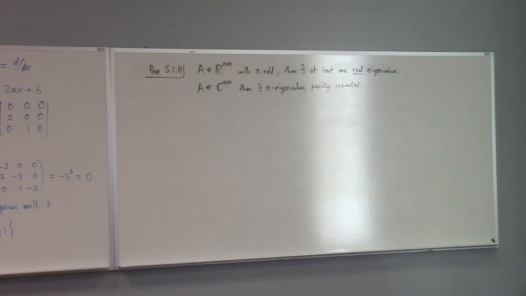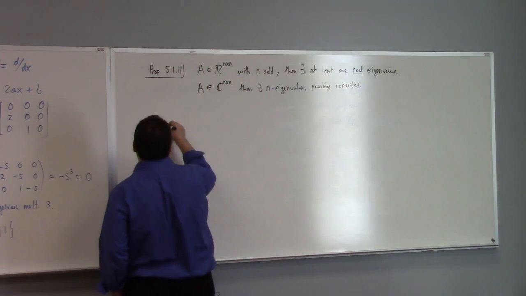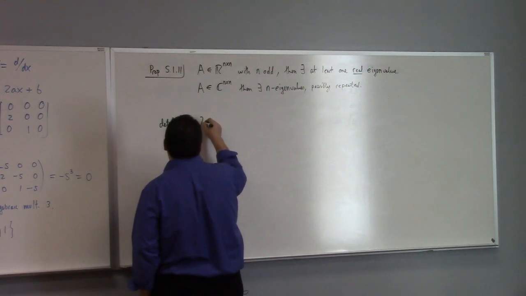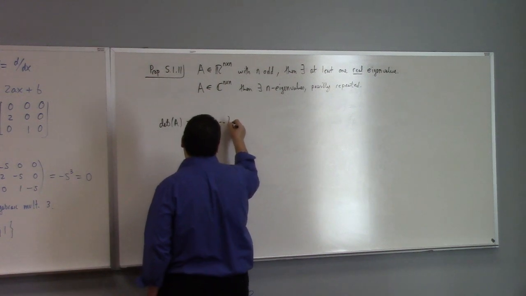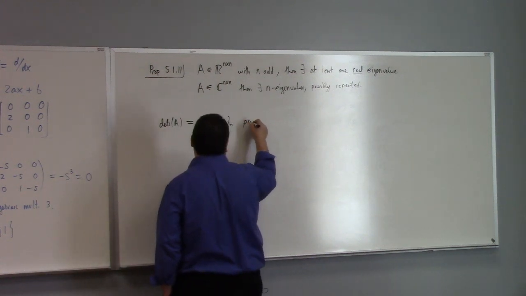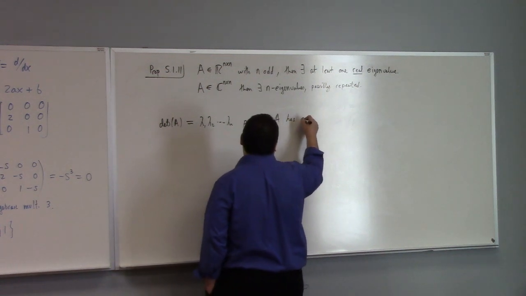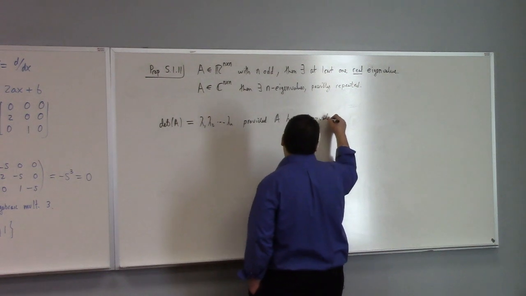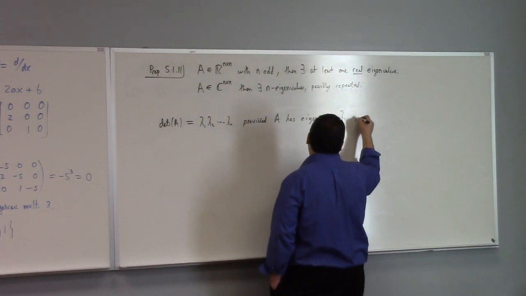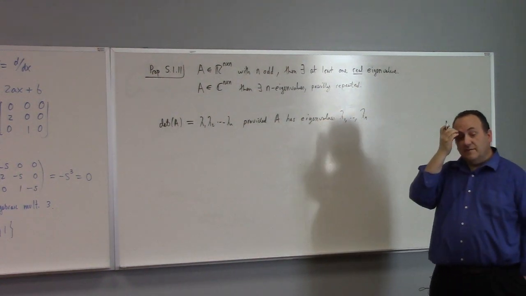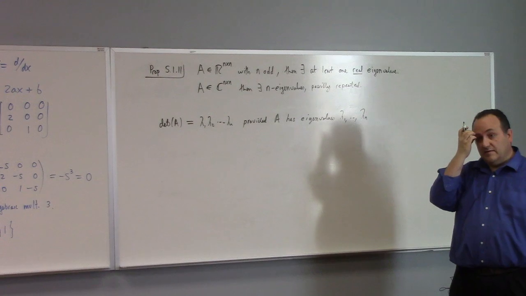So one of the other things we can say is that the determinant of A is equal to lambda 1, lambda 2, through lambda n, provided A has eigenvalues lambda 1 through lambda n, possibly repeated. How do I know that? If you have eigenvalues 1 through n, right?